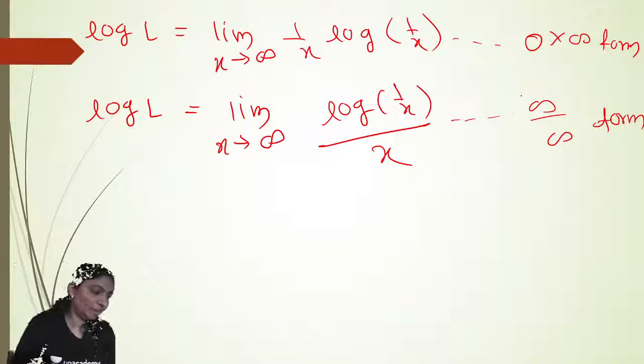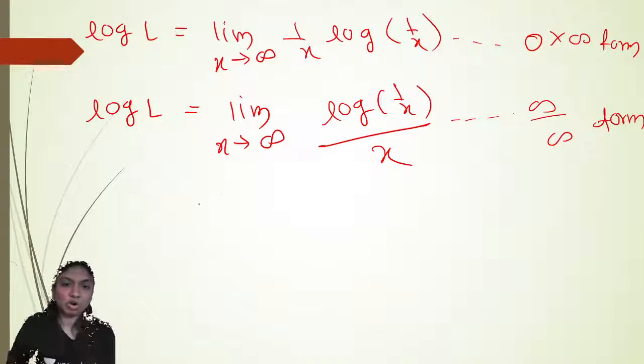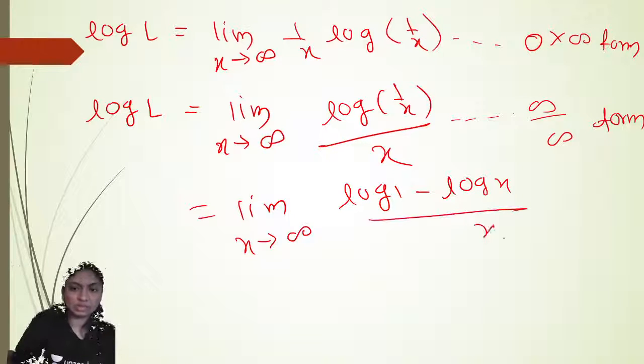So you can convert this, put limit as x tends to infinity, log of 1 upon x. There is 1 upon infinity, so again it is infinity upon infinity form, but log of 1 upon x we can write as log 1 minus log x upon x.